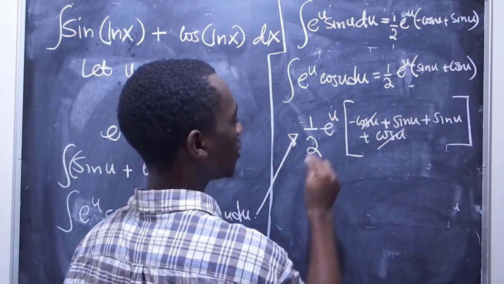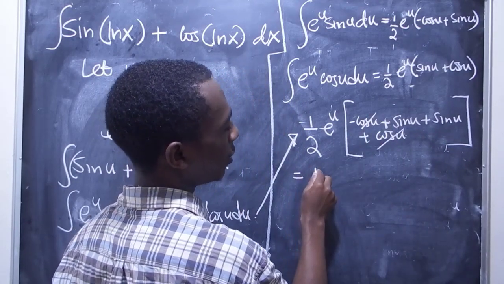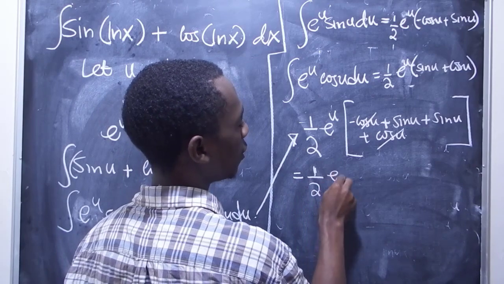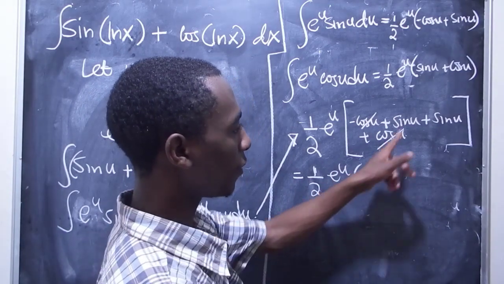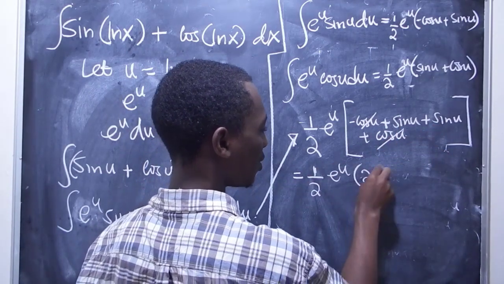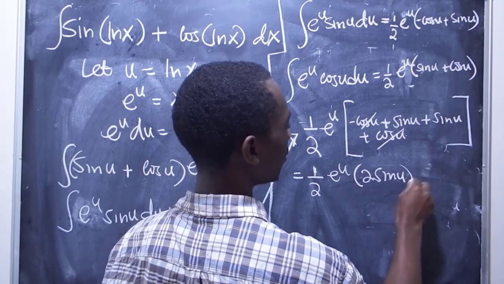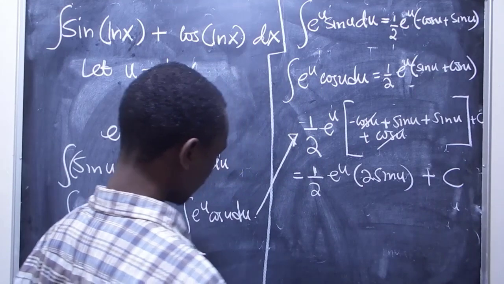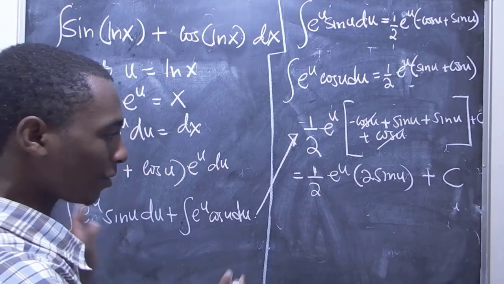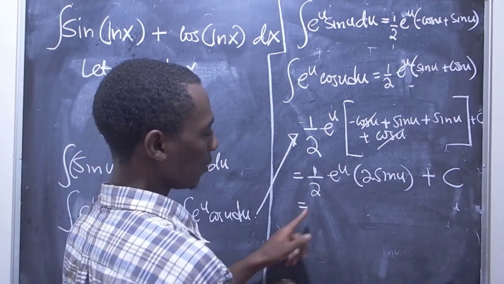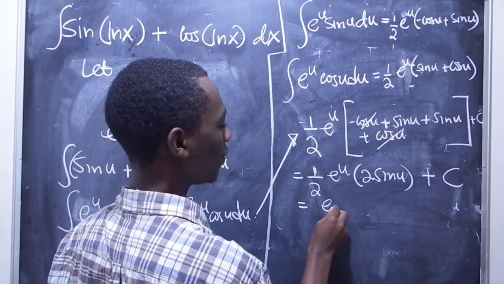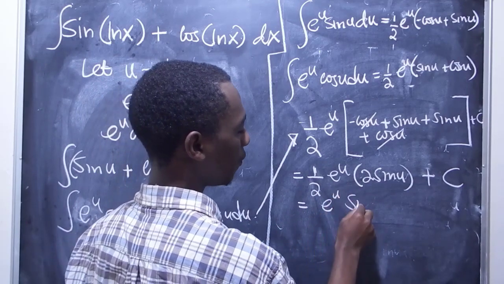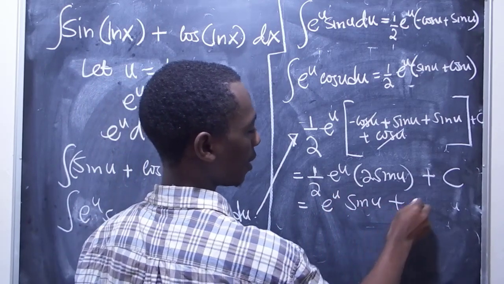So the cosine cancels and we'll have a half e to the u. Then we have sine u plus sine u, which is 2 sine u. At this point I think I can add a constant because of putting the integral together to conclude. So this 2 cancels with this 2 and I have e to the u sine u plus a constant.